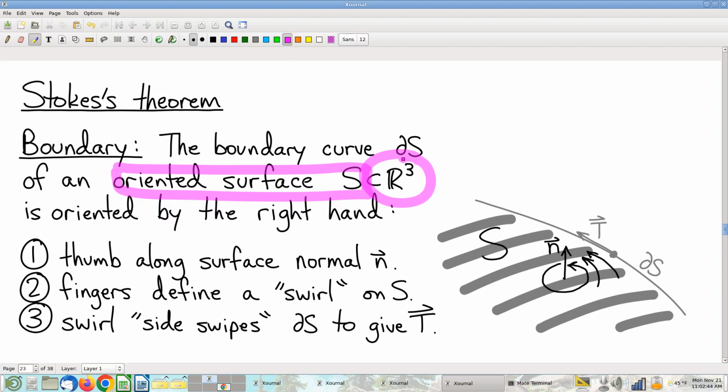Stokes' theorem, we're going to do something kind of like that, still two-dimensional regions, but in space instead. So the context has some things in common with the divergence theorem, and some things in common with Green's theorem. We're going to take all the same ideas and adapt them accordingly.